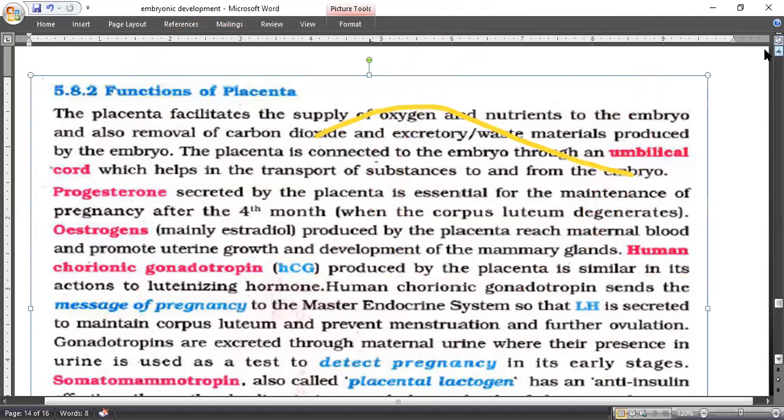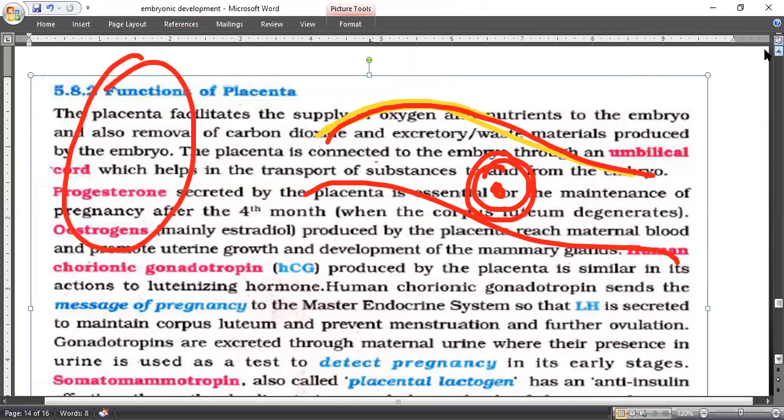These things you know already, but I'm just making you remember. In the fallopian tube, who is waiting? The secondary oocyte is waiting. In the ovary, who is producing the progesterone? The corpus luteum. We said in case sperm won't come, that secondary oocyte will degenerate, and the corpus luteum will degenerate in the form of corpus albicans.